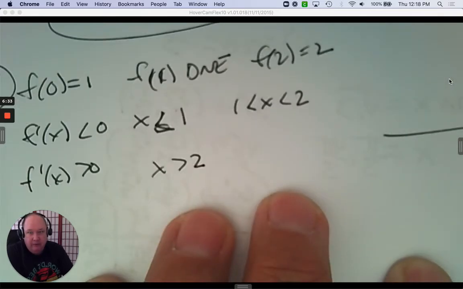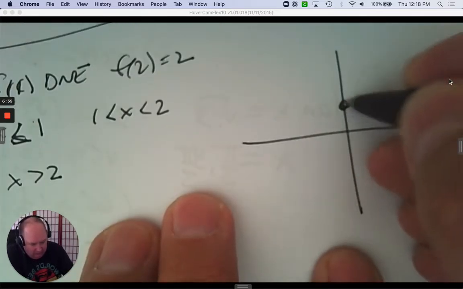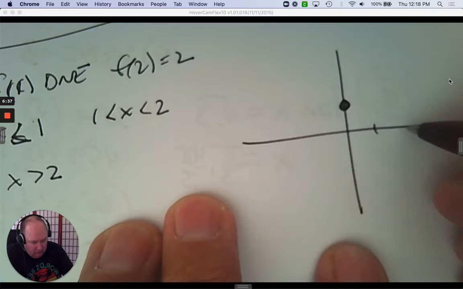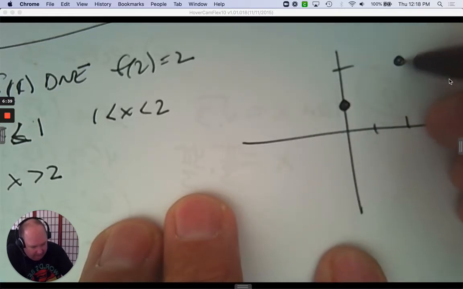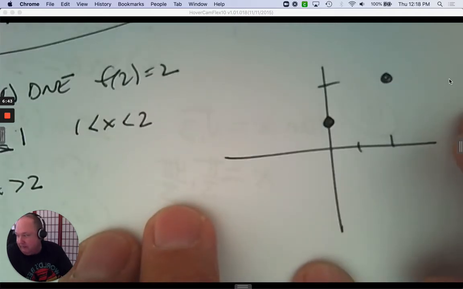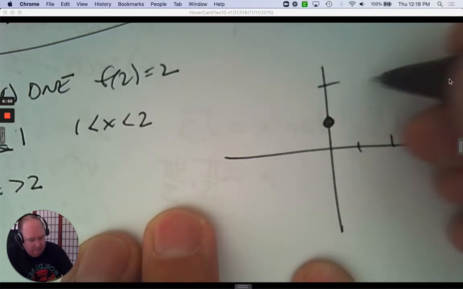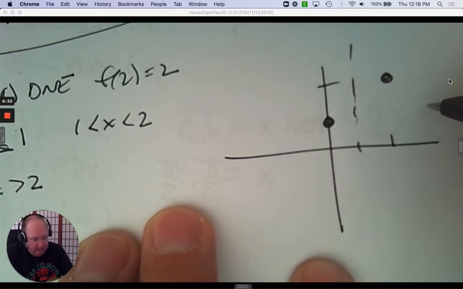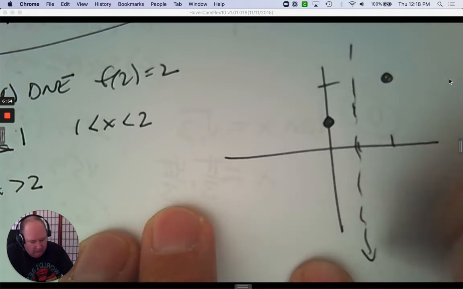So what I know about the graph is I have a point at (0, 1), and at (2, 2). So I know that. And at 1, it's undefined. It's probably an asymptote there, or it could be a hole. Either one. I'll do an asymptote there where it's undefined.